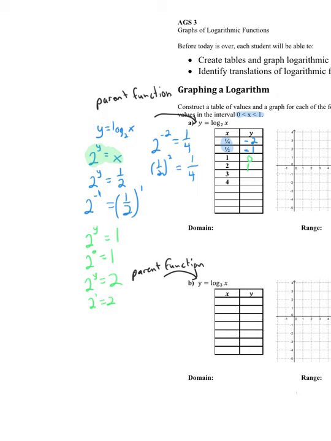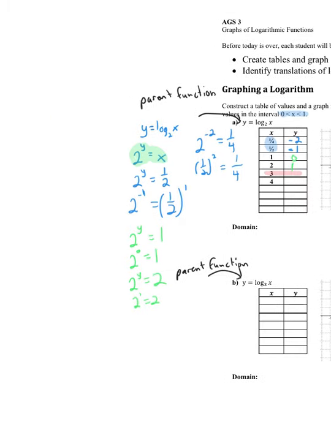And when we get to this one here, this is kind of an interesting one. 3, this is the one I really want to focus on here. Y equals log base 2 of 3. If I were to rewrite that form, I would get 2 to the y equals 3. And I know 2 to the first equals 2, and 2 squared equals 4.